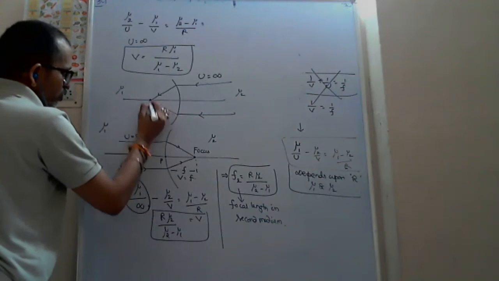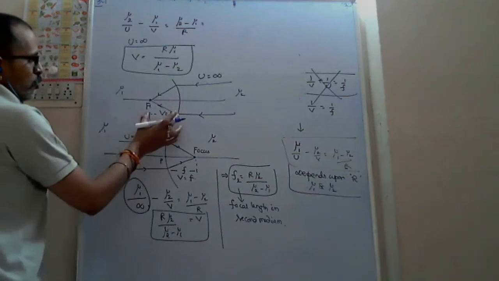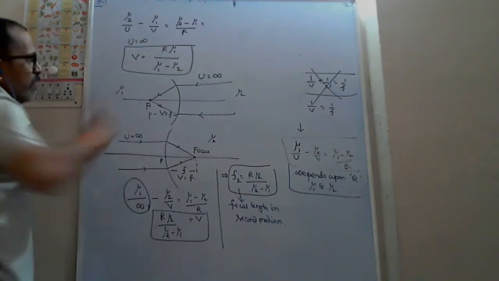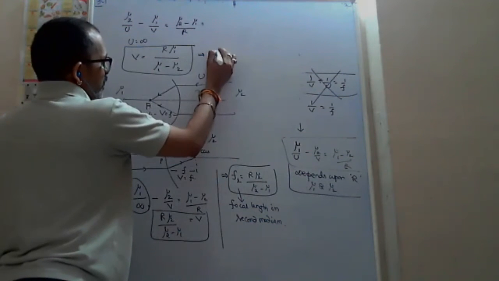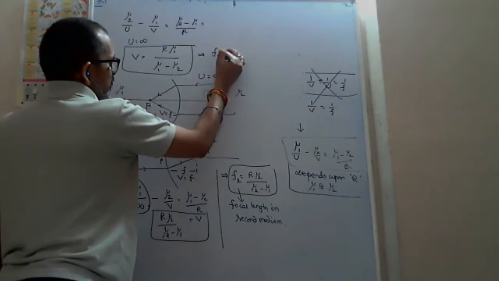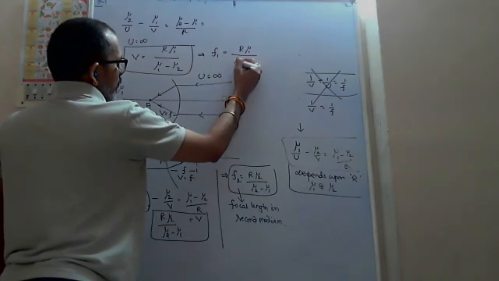That v is the convergence point, the focus. So that is the focal length f. So f in the first medium or second medium? The first medium, sir. F1 equals r into mu1 by mu1 minus mu2.